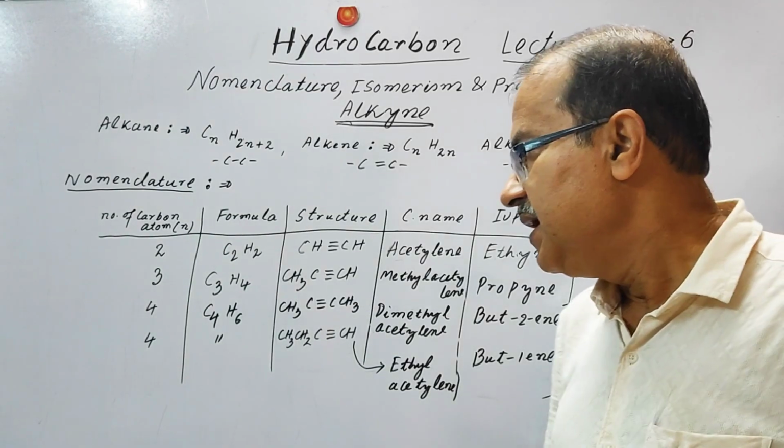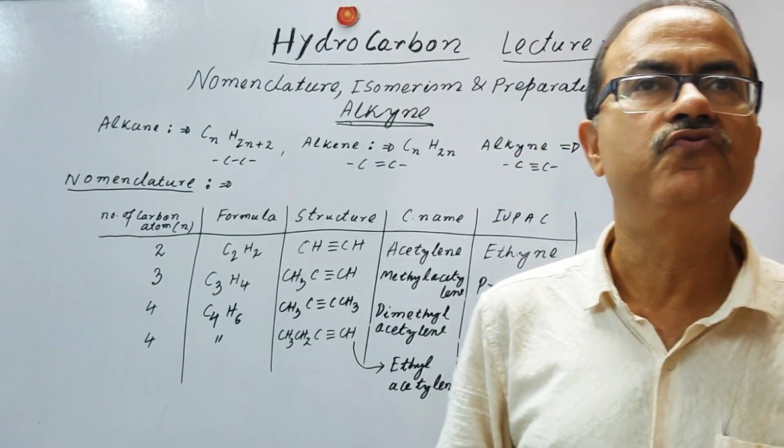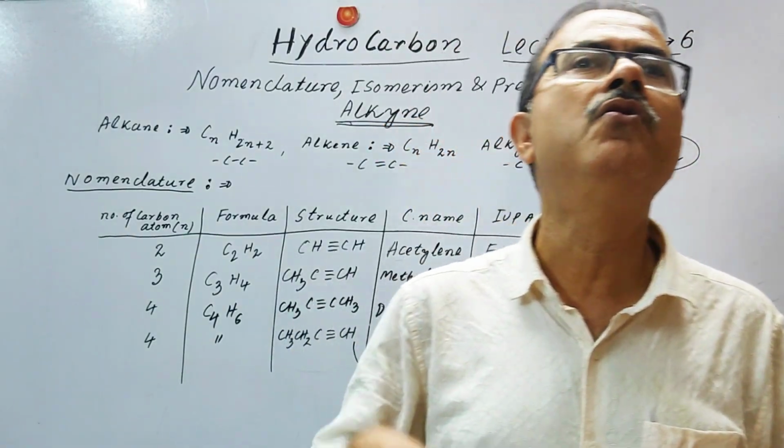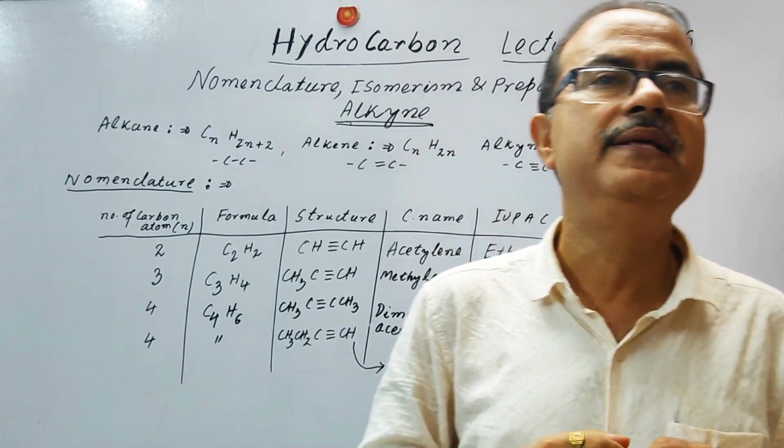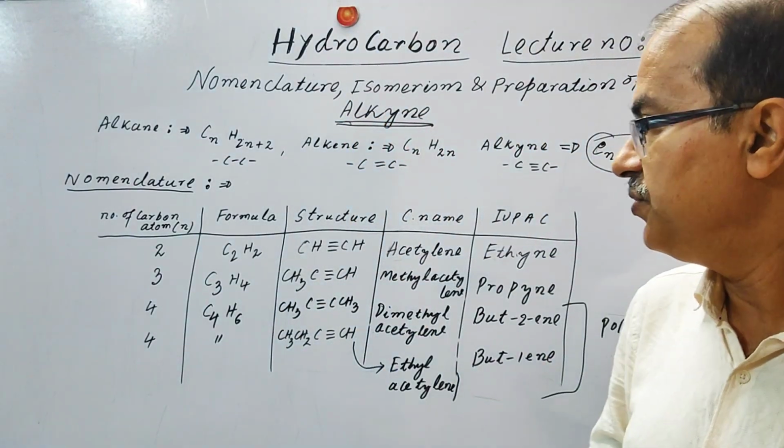Right? In a similar way, when the carbon atom is 5, when the carbon atom is 6, and so on, you will find different structures and different isomers, which we will now discuss.